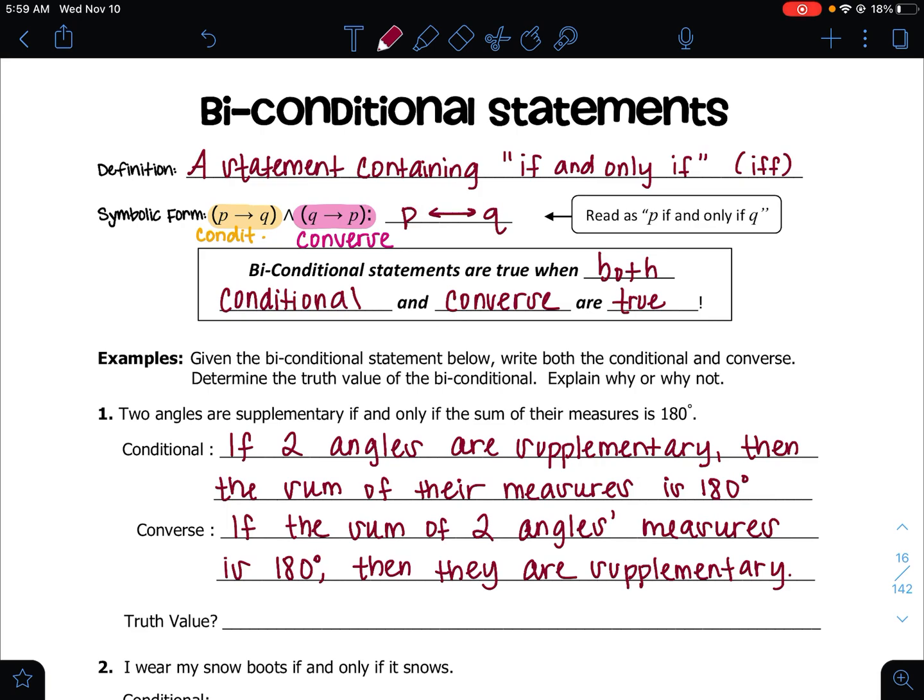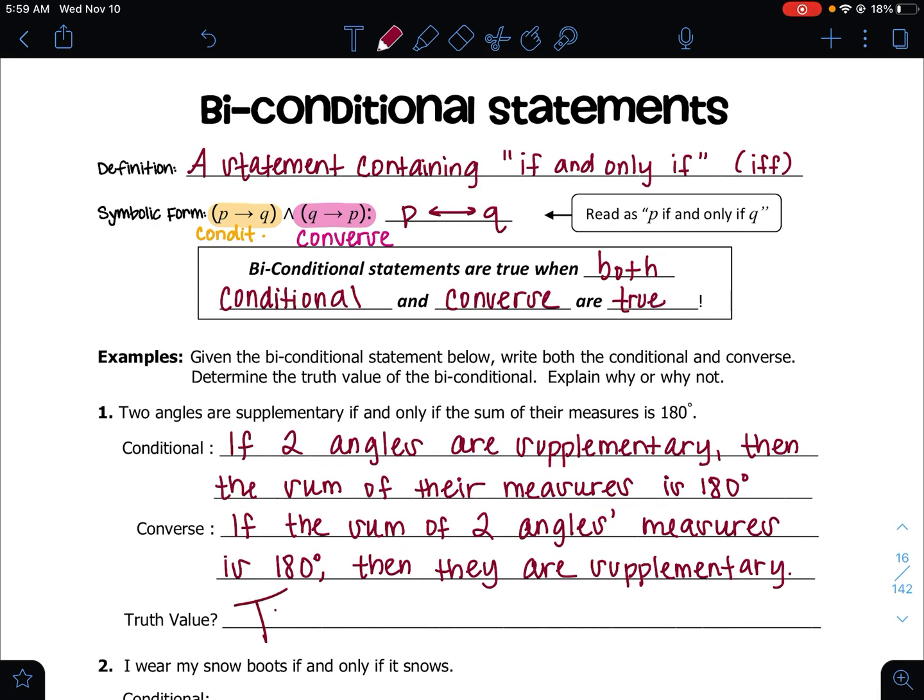All right, so the truth value. Two angles are supplementary if and only if the sum of their measures is 180 degrees. This is true.